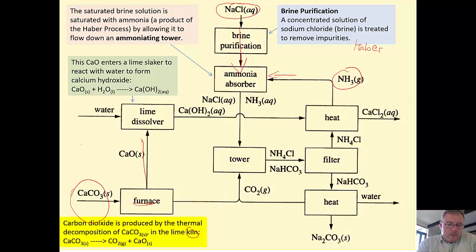And you get this calcium oxide produced. And when it adds water, it's called a slaker, a lime slaker. So we have our sodium chloride, we have our ammonia, and now we also have our calcium carbonate being changed, in the slaker, to calcium hydroxide, and it's being added.